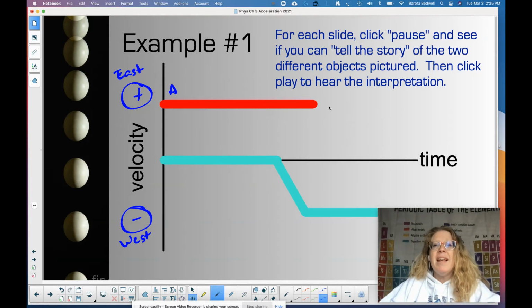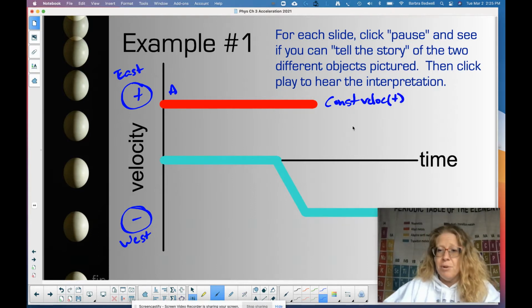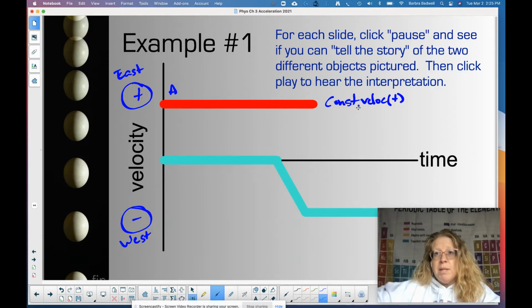It's moving at constant velocity in its positive direction, whichever way that is, like east in my mind, or north, or whatever you want to call it. But it's not changing. Its displacement would keep going up, but its velocity is constant and positive. So in other words, it's moving in the positive direction.